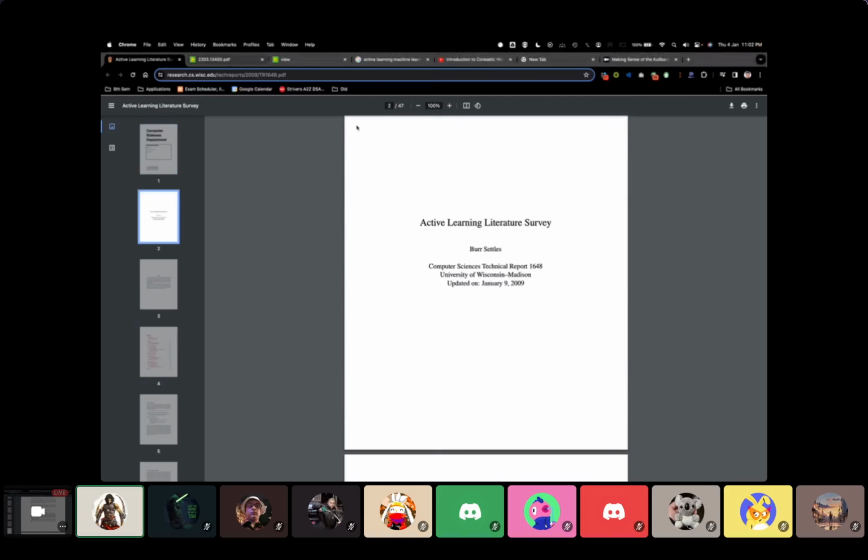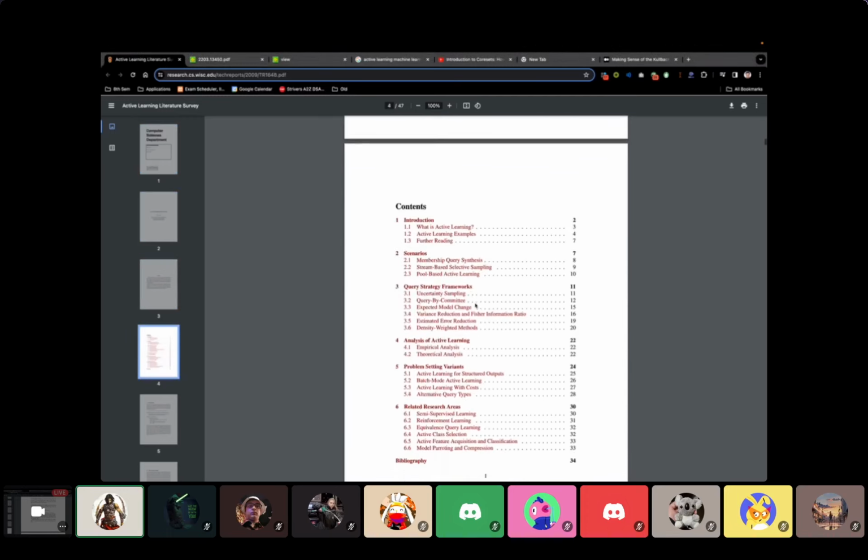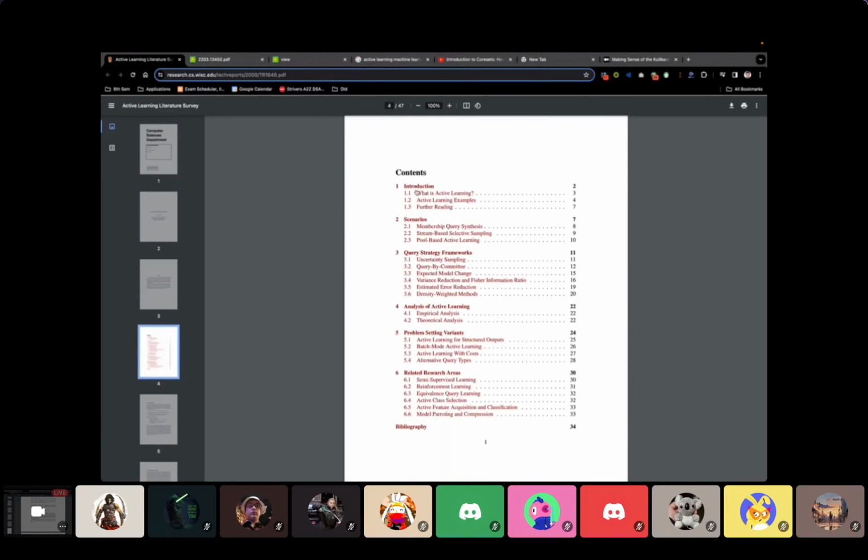Okay, where is it? So here also, I forgot to mention that there are 3 scenarios to apply active learning. One is pool-based active learning, which means that you have, say, 100 unlabeled samples.